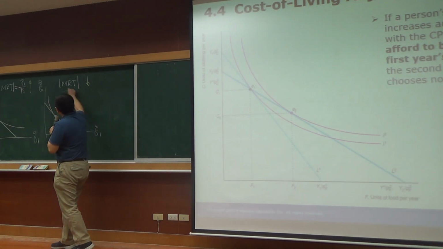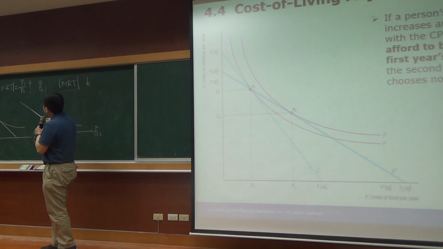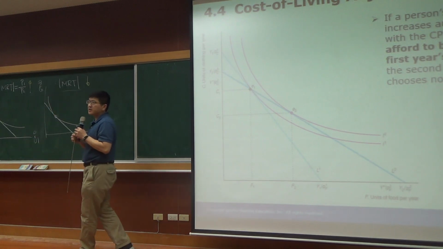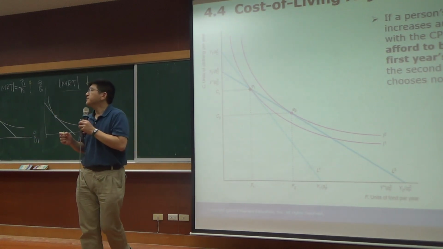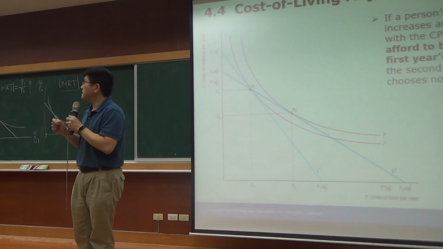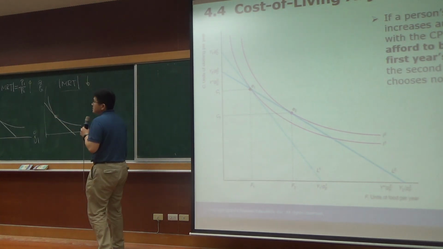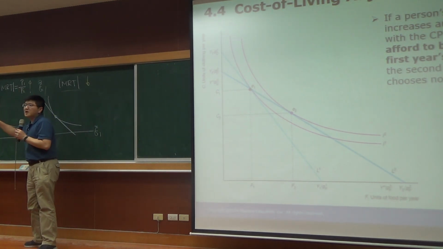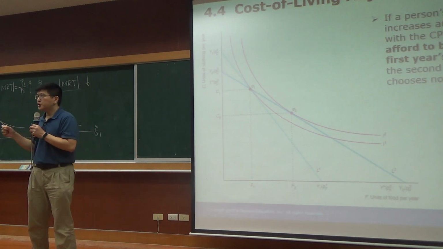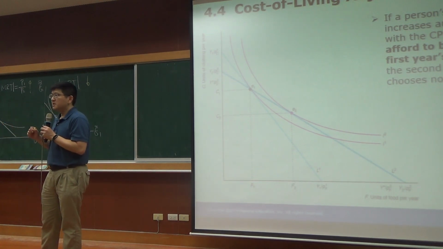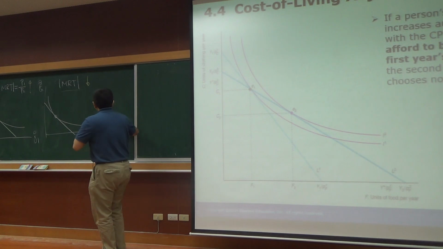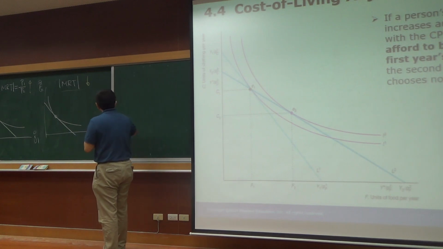Now MRT, defined as P1 over P2, is the relative price. When MRT goes down, it means P1 becomes relatively cheaper than P2.